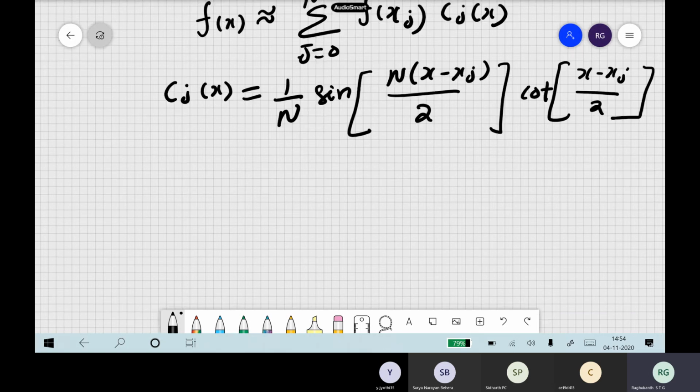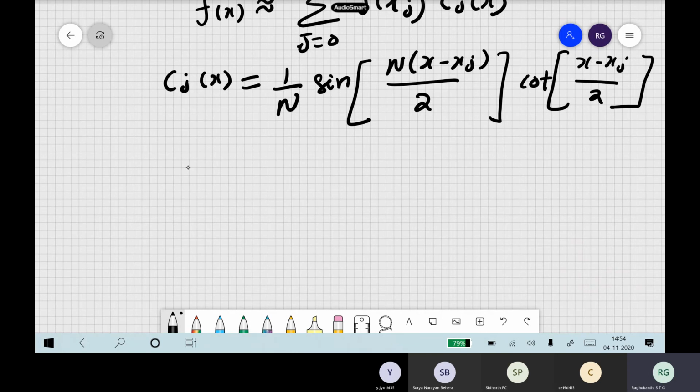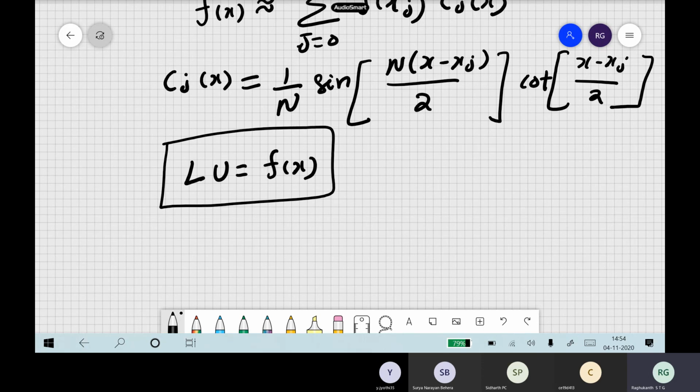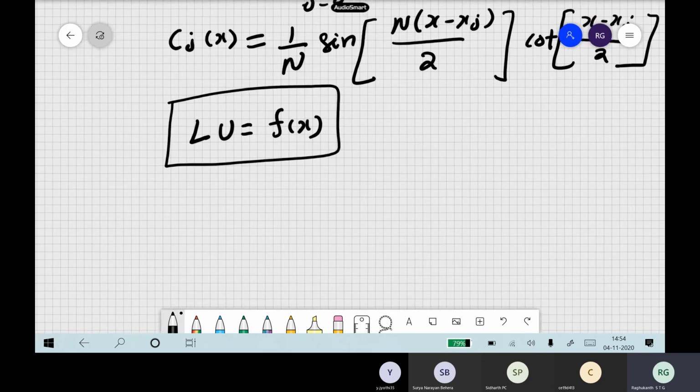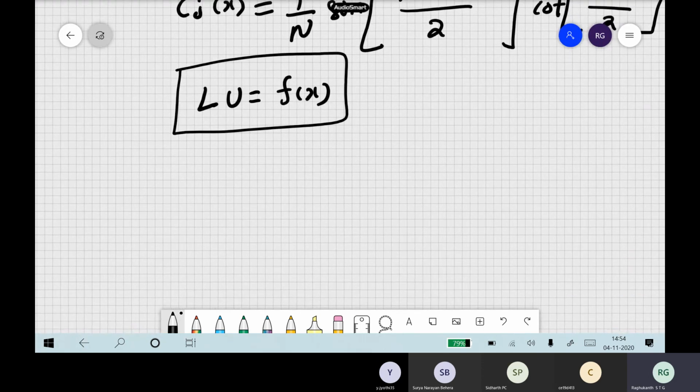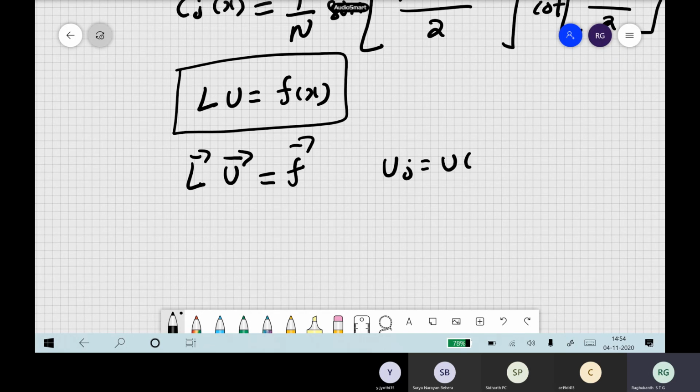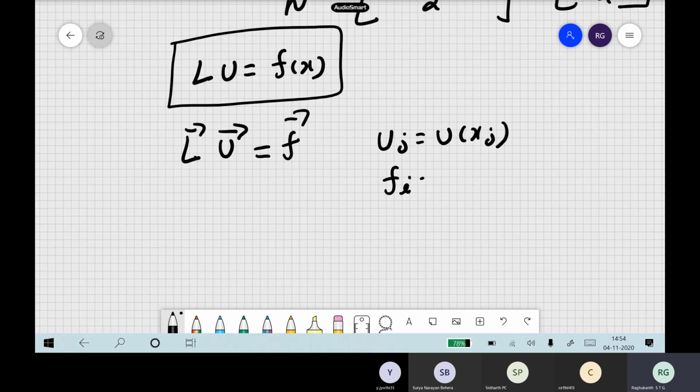So now, with these main advantages, suppose I have an equation like LU equal to f of x. This is the differential equation which I have to solve. What we try to do is represent this equation approximately like this, where uj is u of xj, these are the functional values, and fi is f of xi.